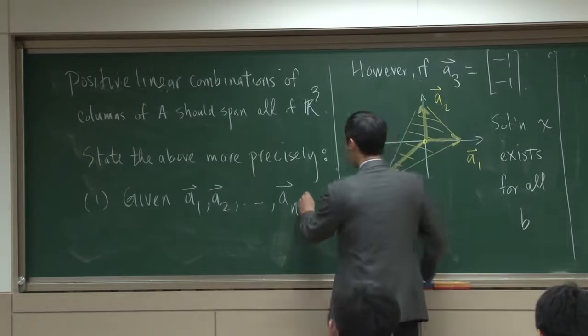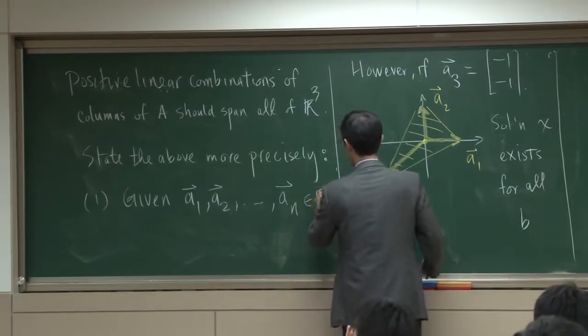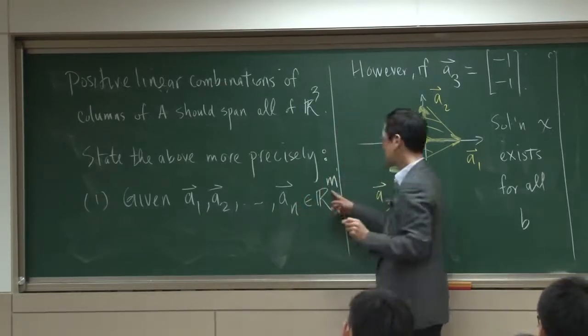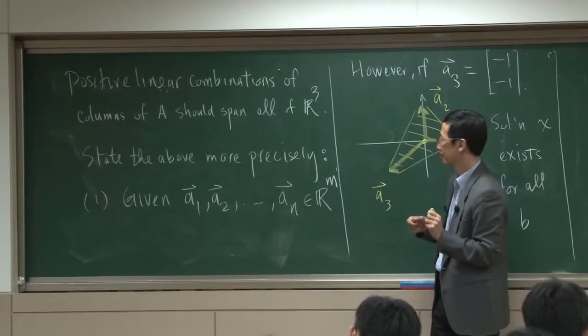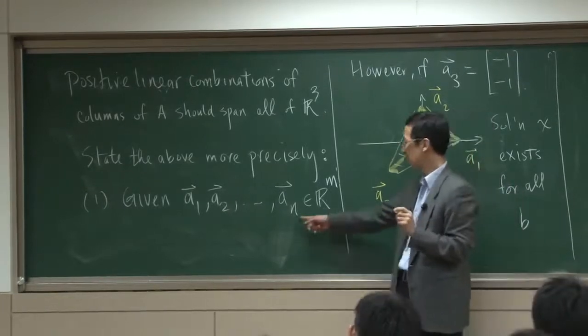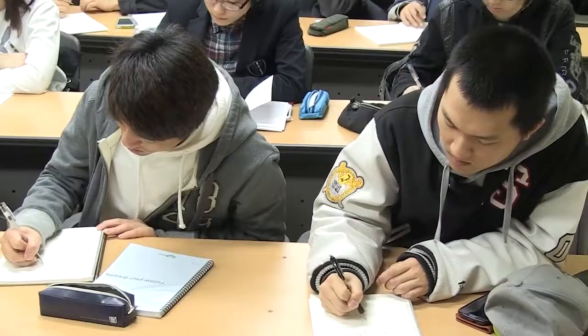We're trying to be general now, so let's say these are m-dimensional vectors. So we have n of these m-dimensional vectors.